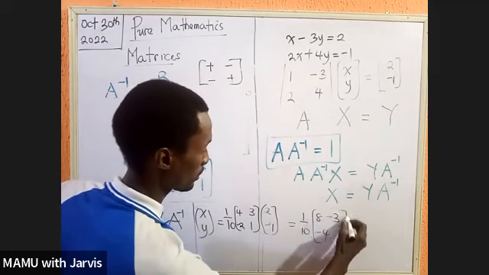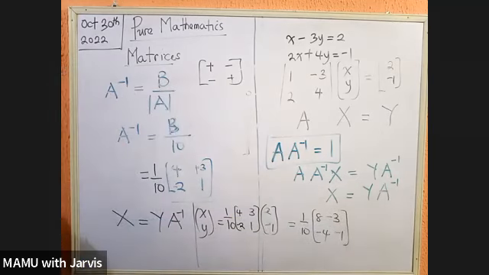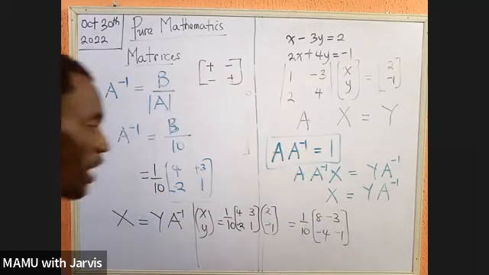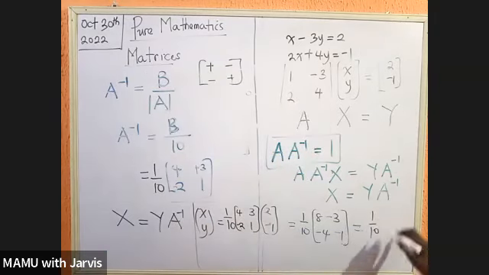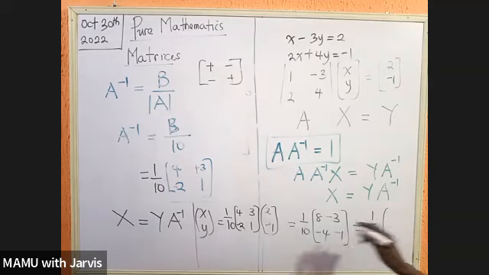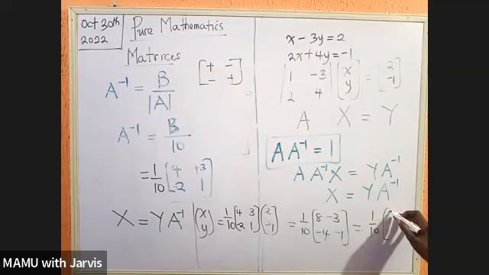Sorry, that will be this one. So at the end of the day, what am I going to have? This will now be equal to 1 over 10 of what? 5 and what? -5.